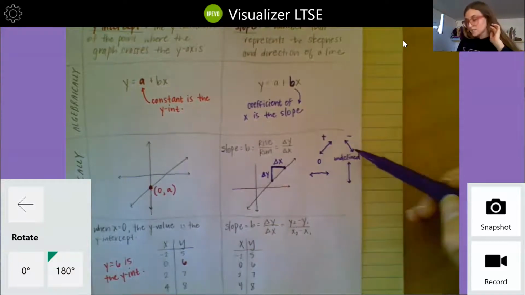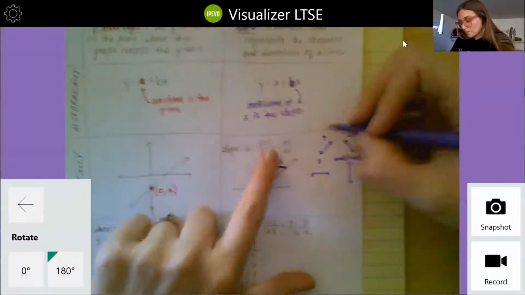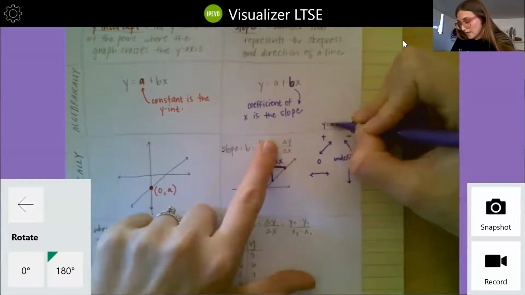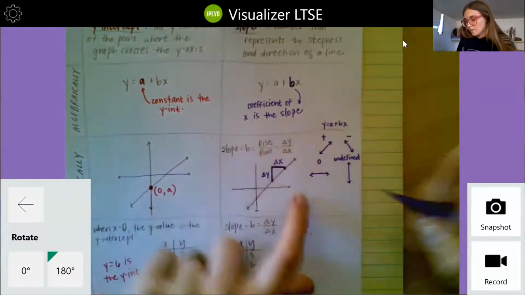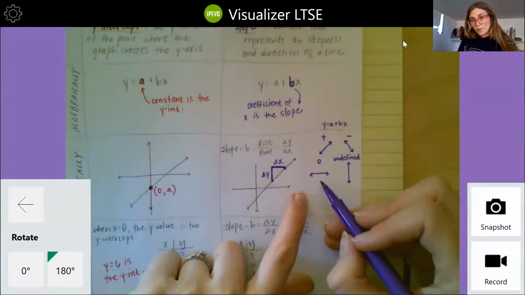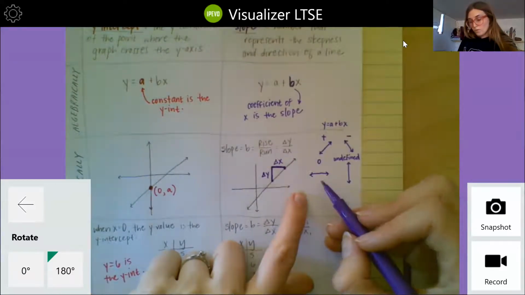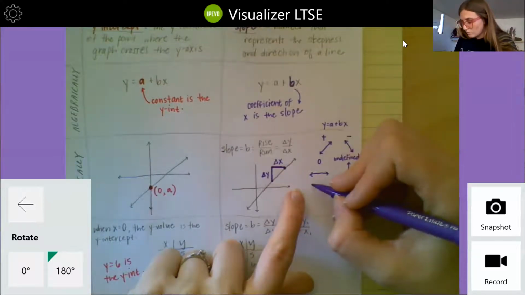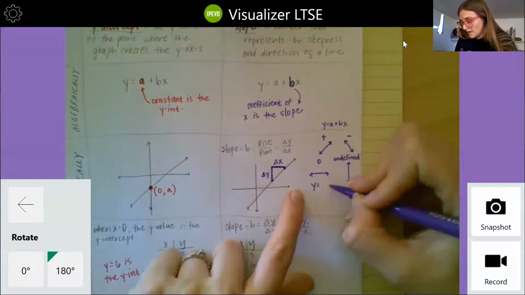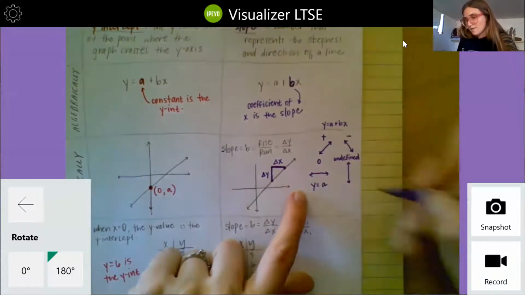If we have a positive or a negative slope, we're going to have something that looks like y equals a plus bx. For a zero slope, we will have just y equals a number a.